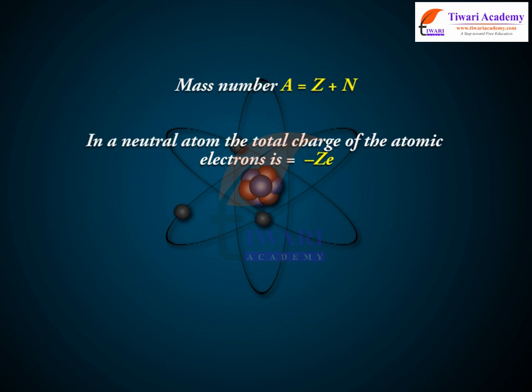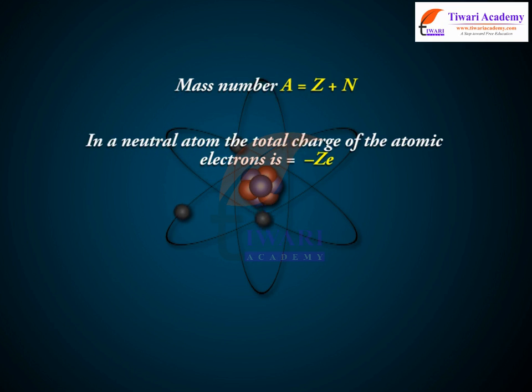Nuclear species or nuclides are represented by the notation ZX^A, where X is the chemical symbol of the species. For example, the nucleus of gold is denoted by 79Au197.